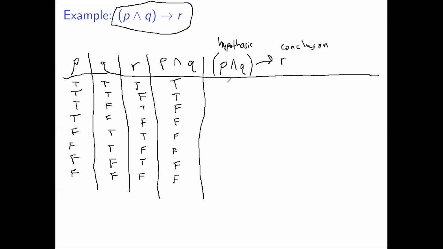So if the hypothesis is true, then the conclusion has to be true for the implication to be true. And here they're both true. So we can write it true right there. In this second row, the hypothesis P and Q, that's true, but the conclusion R is false. So that means the implication is false.